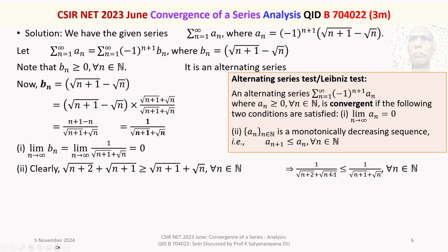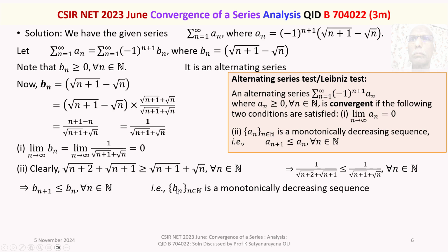What is this? It is b_(n+1) less than or equal to b_n for all n belonging to N, that is, the sequence b_n is a monotonically decreasing sequence. The second condition is also satisfied.